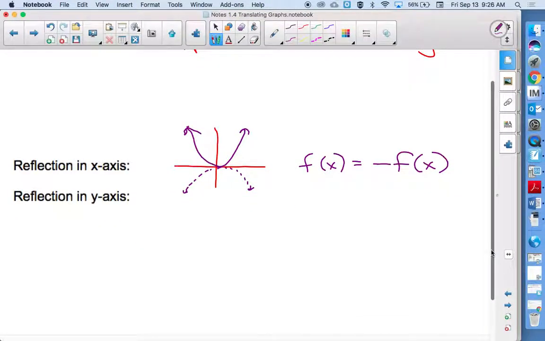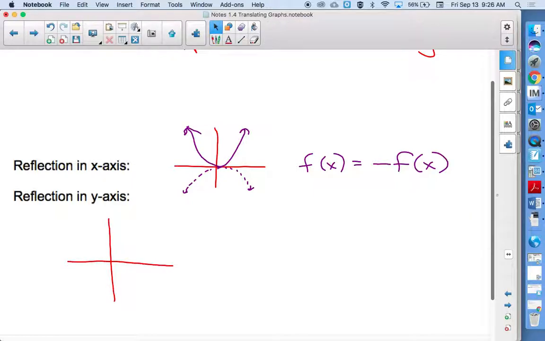If we have a reflection in the y-axis, I'll show another little picture here. Make it look like this. Now I'm flipping it over the y-axis, so it's going to go in the opposite direction. And my x values that were positive are now negative.